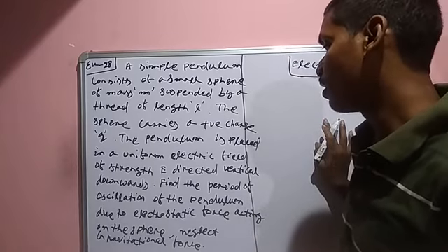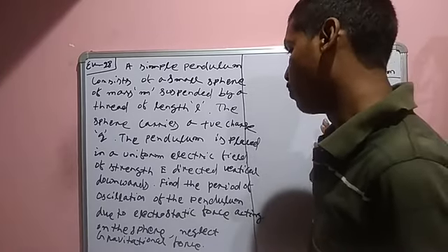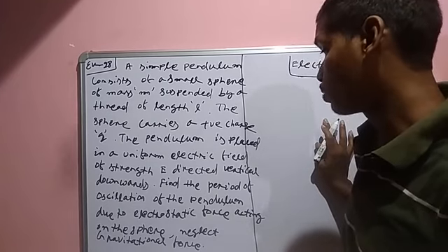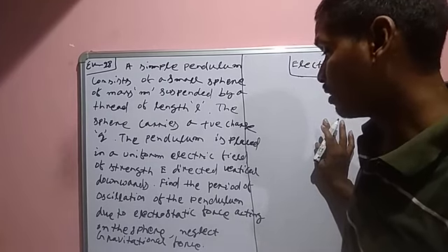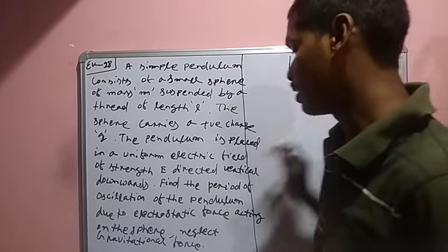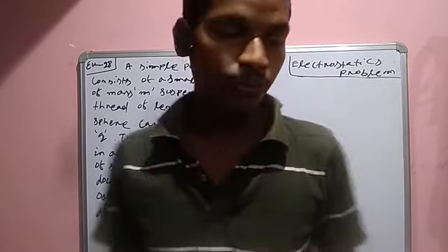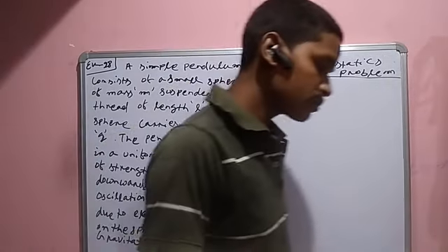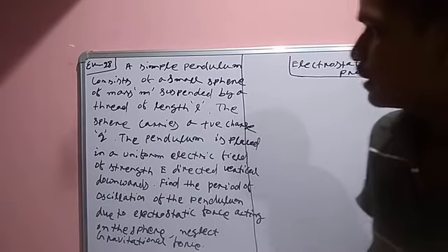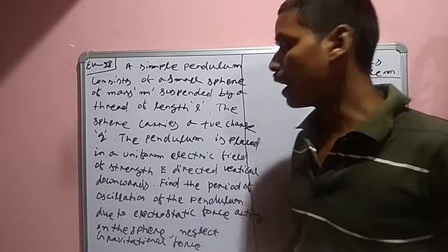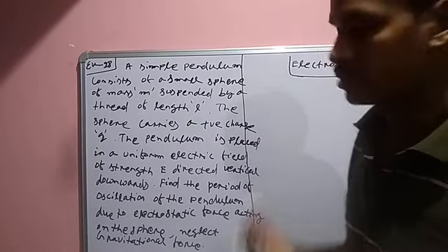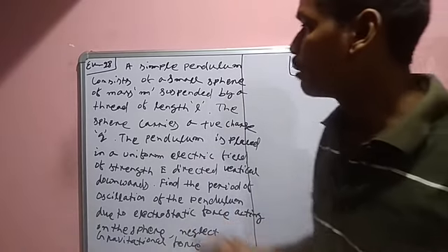Find the period of oscillation of the pendulum due to the electrostatic force acting on the sphere, neglecting gravitational force.